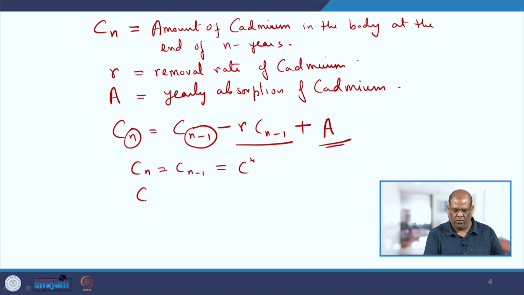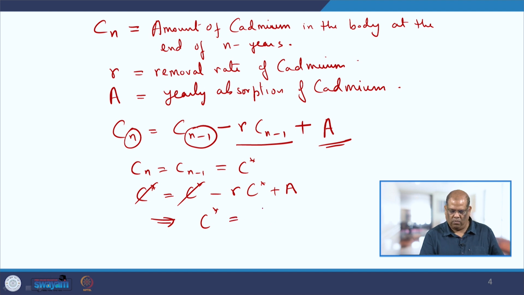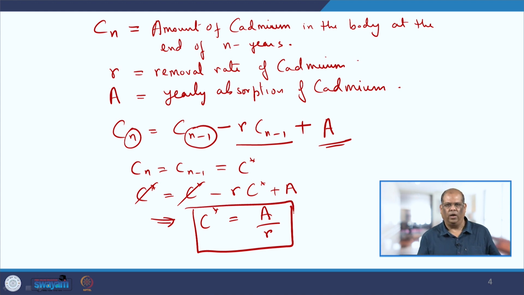Substituting, I get C star equals C star minus R times C star plus A. This and this cancel, and I get C star equals A by R. So this is the point of equilibrium.